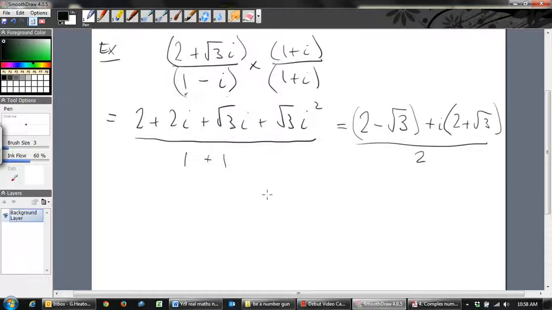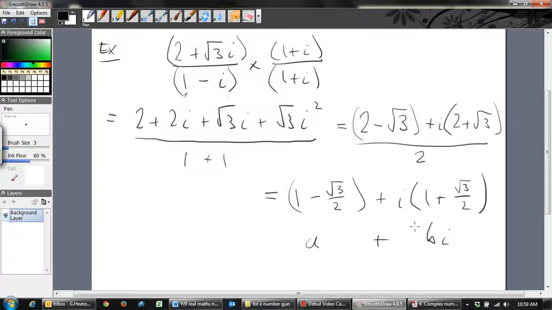So you can write it like that, or you could probably write it as 1 minus root 3 on 2 as the real part, plus the imaginary part, 1 plus root 3 on 2. That perhaps might be the cleanest way of writing it, but it just depends on how you're asked. If you're asked to write it as a plus bi, then you'd write it like that. Otherwise that's fine. And so that's just a more technical example of a harder division.